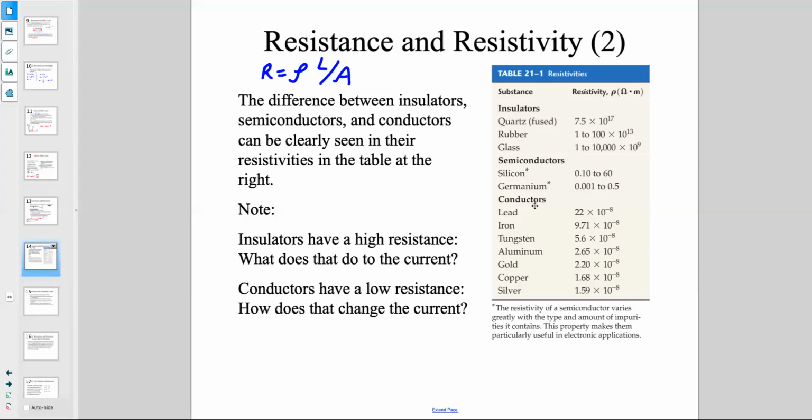Semiconductors are between conductors and insulators. And conductors, for example copper, silver, gold, aluminum, iron, you can see that this number for rho is actually a very low number, because the very high conductivity causes this number to be really low.